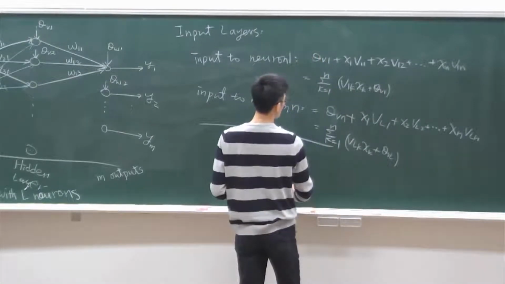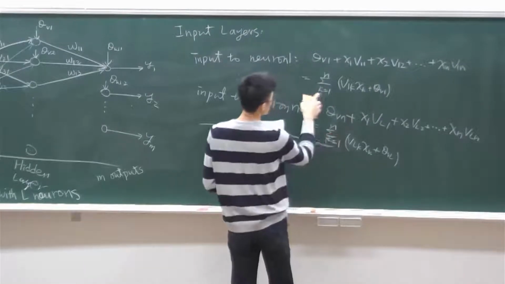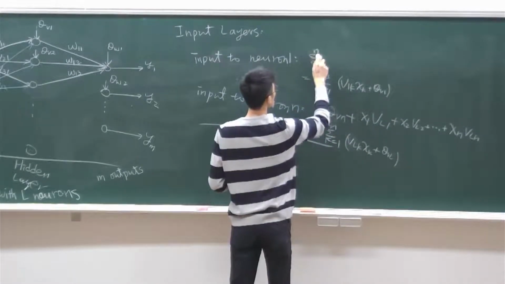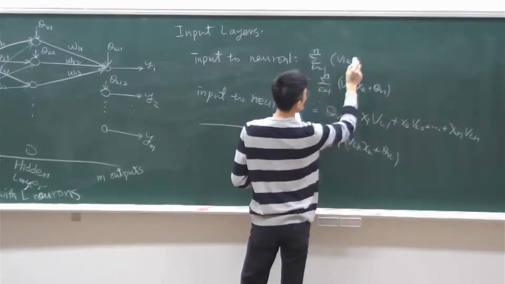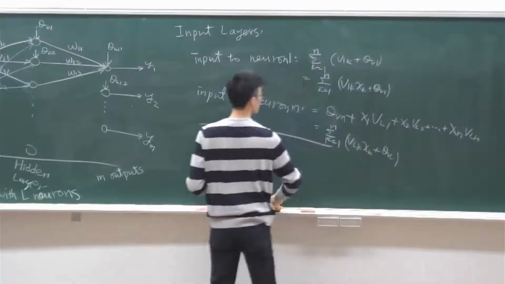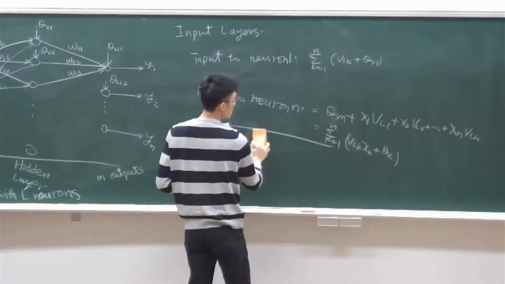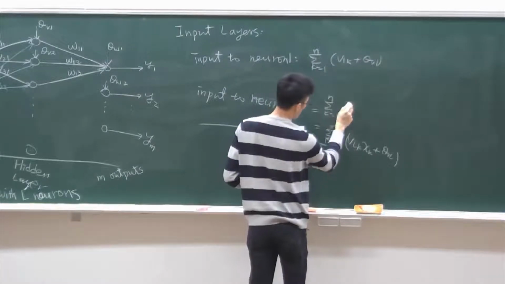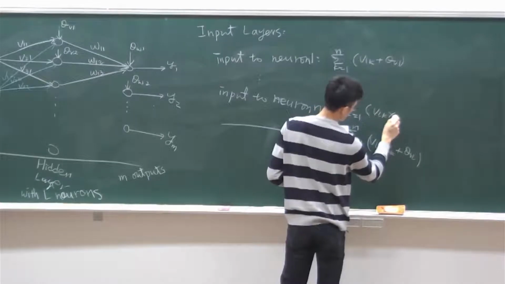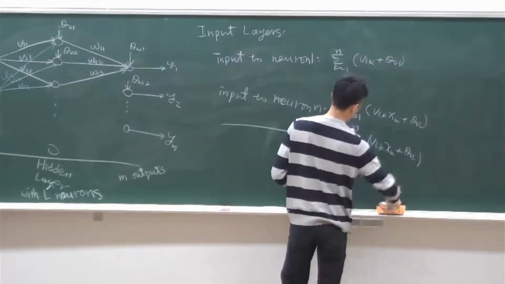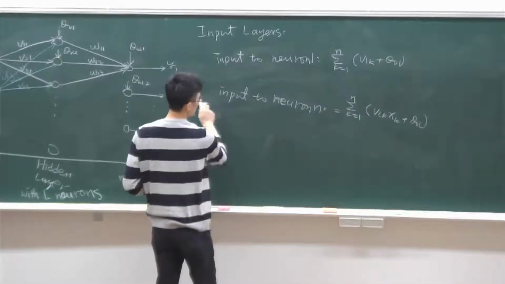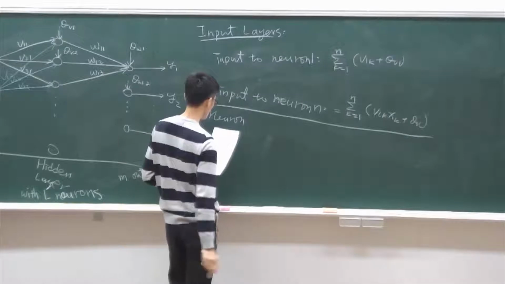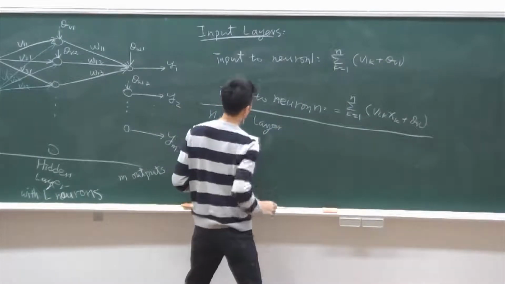Next, here's the input layer. Now we consider the neuron layer, and it's straightforward to interpret.